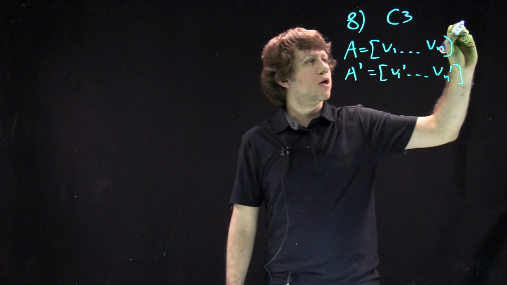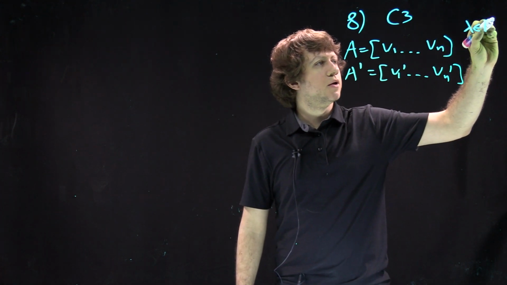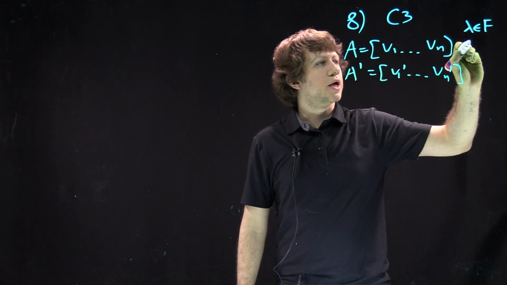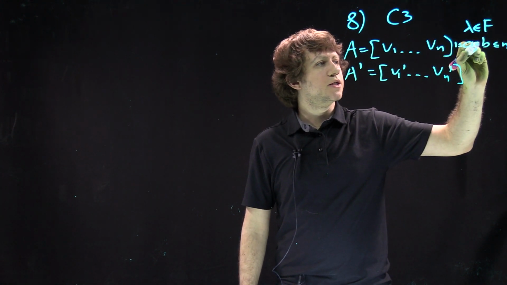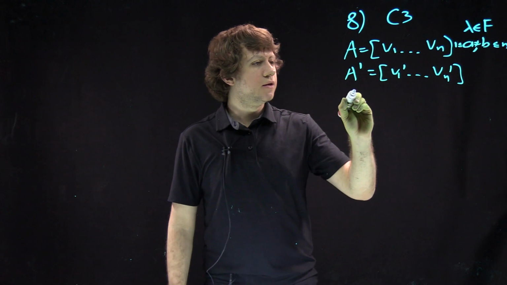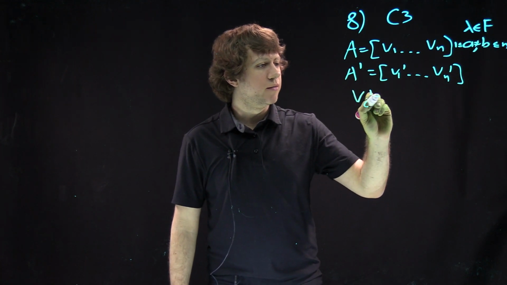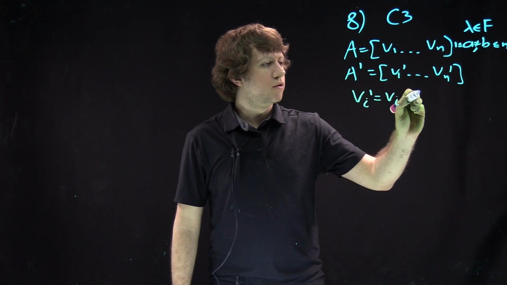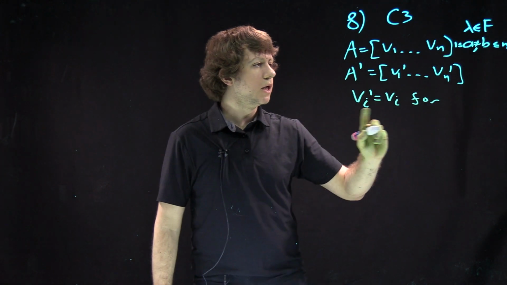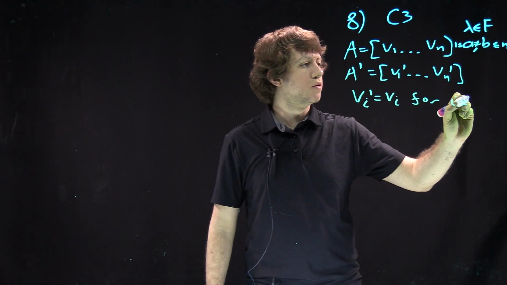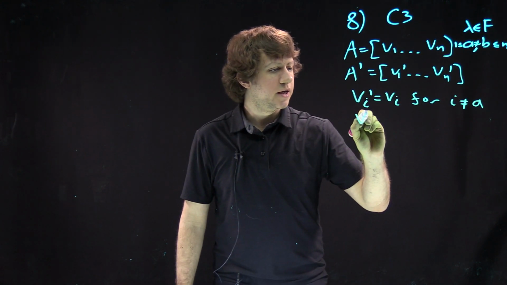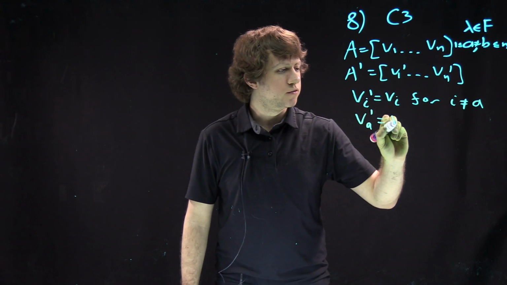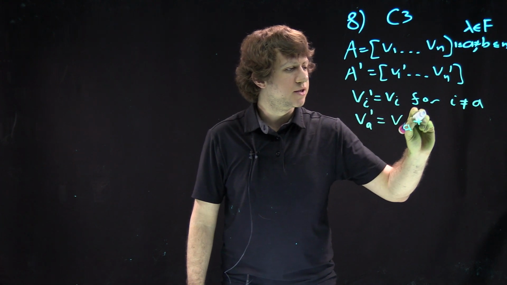We choose some number lambda in F, and we choose a and b from 1 to n, which are distinct. Then vi prime is equal to vi for i not equal to a, and va prime equals va plus lambda vb.